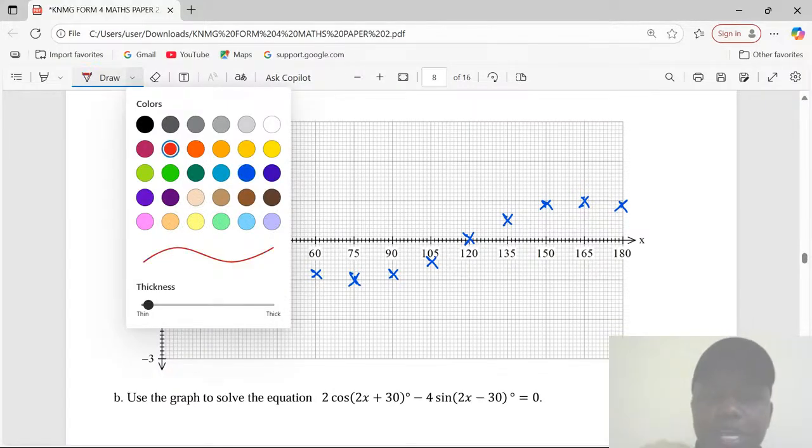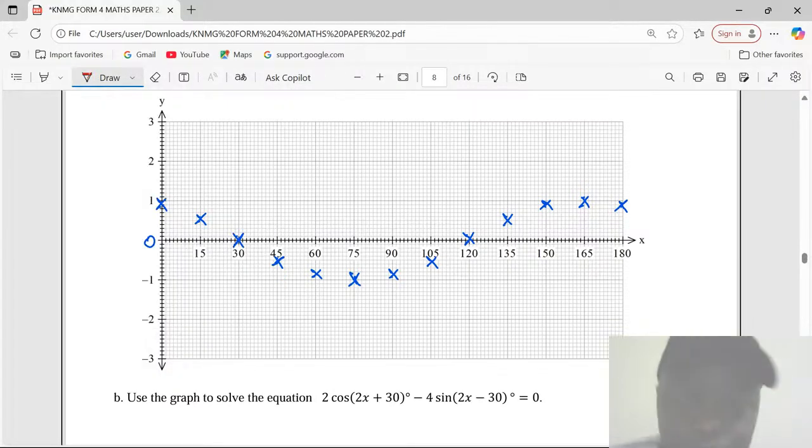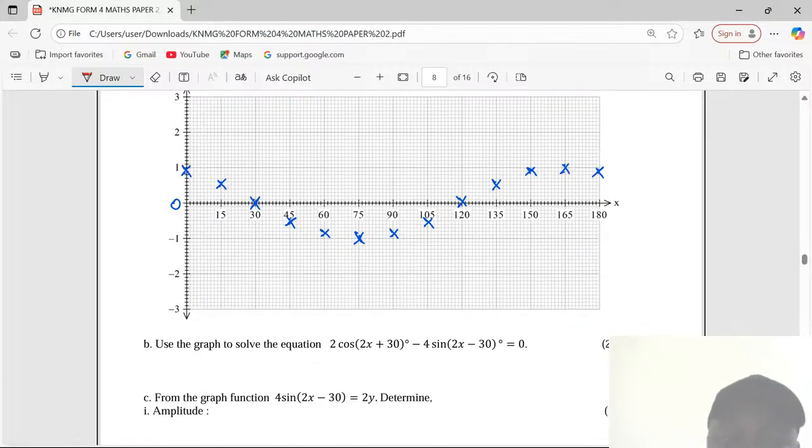We now draw the curve. We are supposed to join these dots using a very smooth curve. Look at what I'm going to do. A smooth curve from one coordinate to the next.